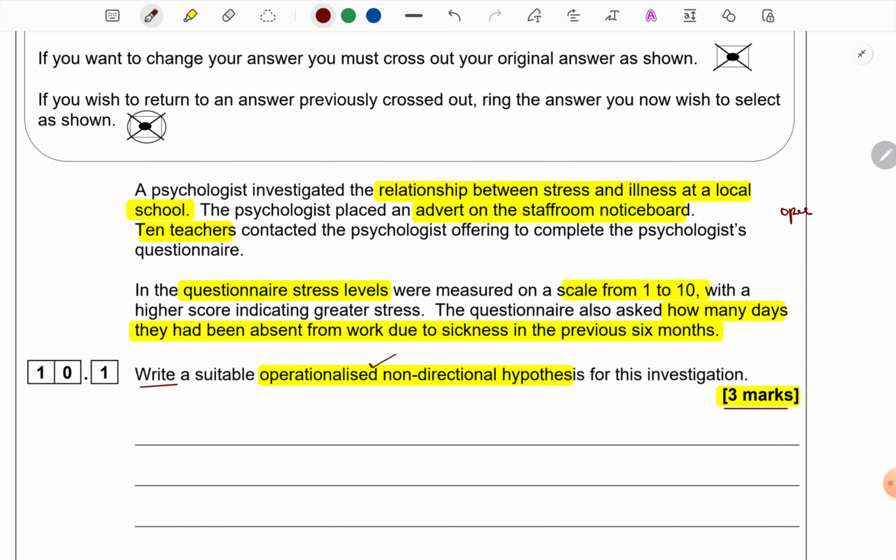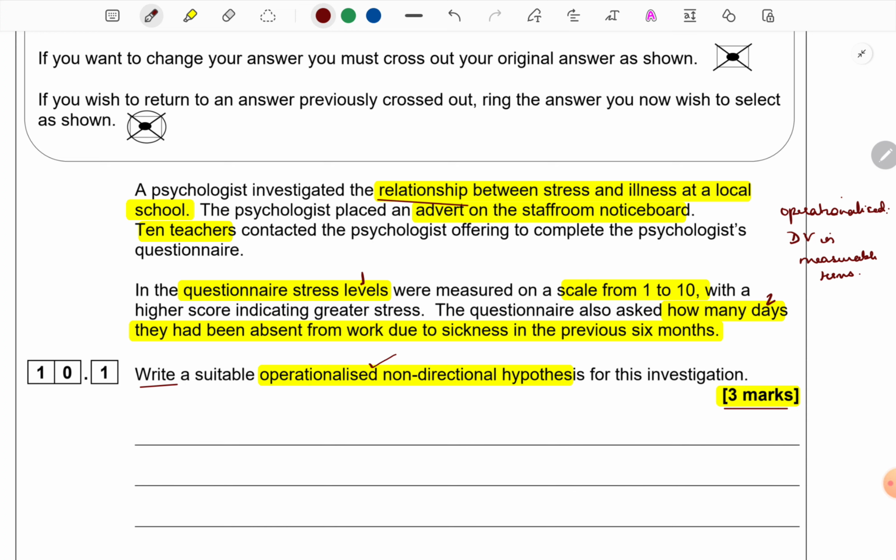Operationalization means that you will have to present the dependent variable in measurable terms. So if you see in this scenario, there are two dependent variables which you must have identified: stress levels and days of absence from work. We can call them dependent variables or we can call them covariables since it is a correlation question.